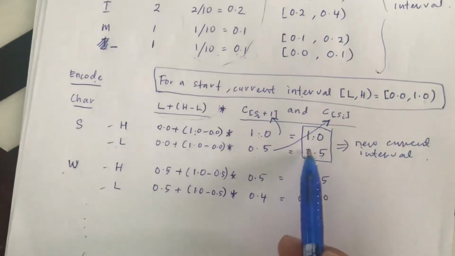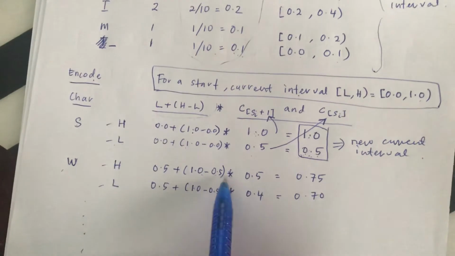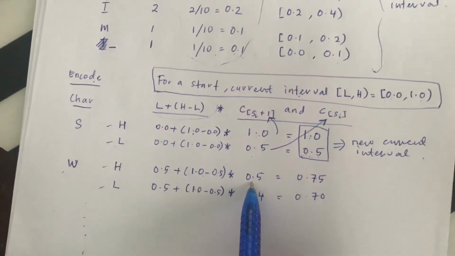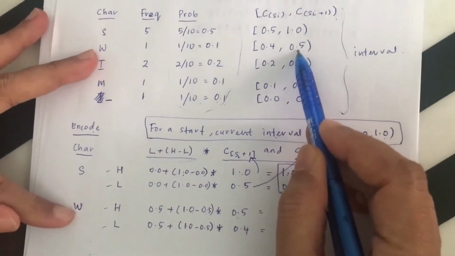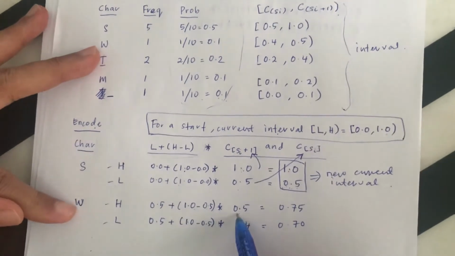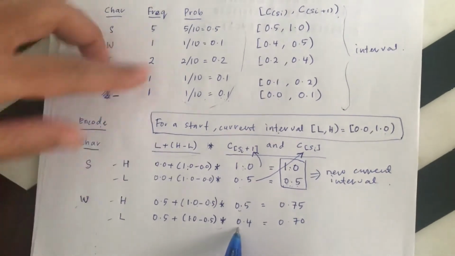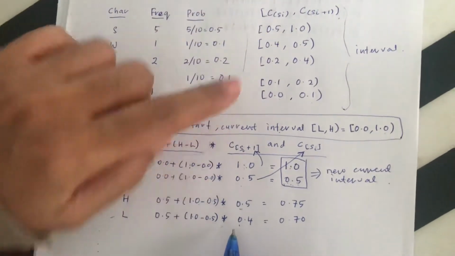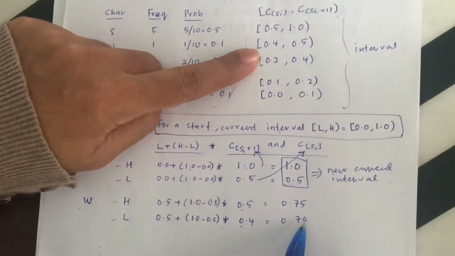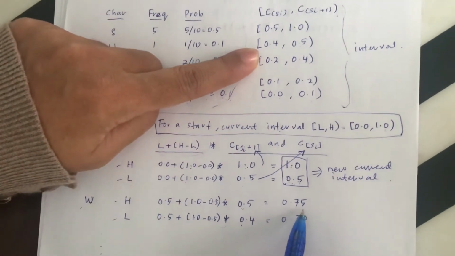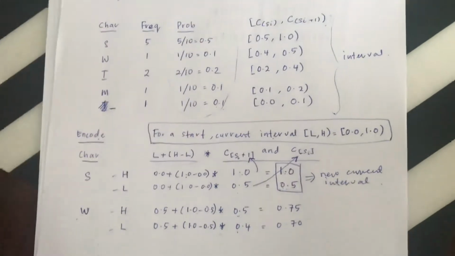So L is 0.5, and H is 0.5 plus (1.0 minus 0.5) multiplied by the CSI plus 1 for W, which is 0.5. For the low, the same, multiplied by the CSI for W, which is 0.4. Then you will get 0.70 and 0.75.